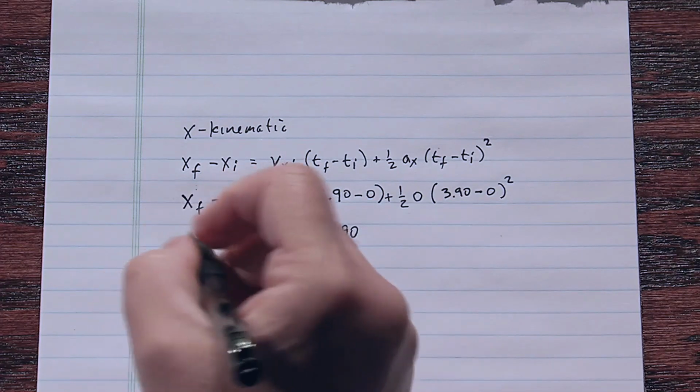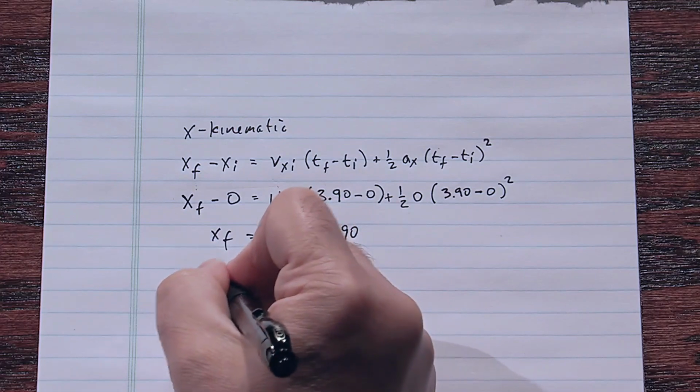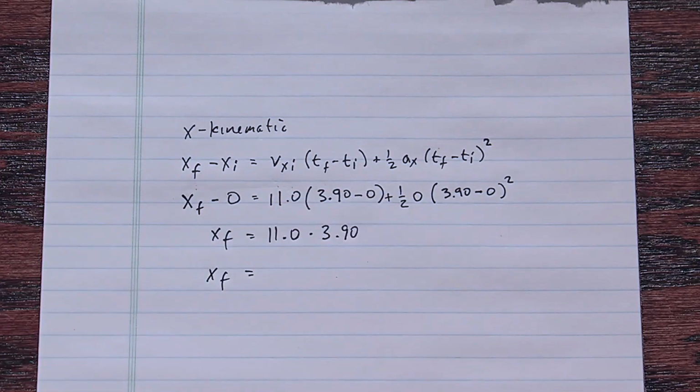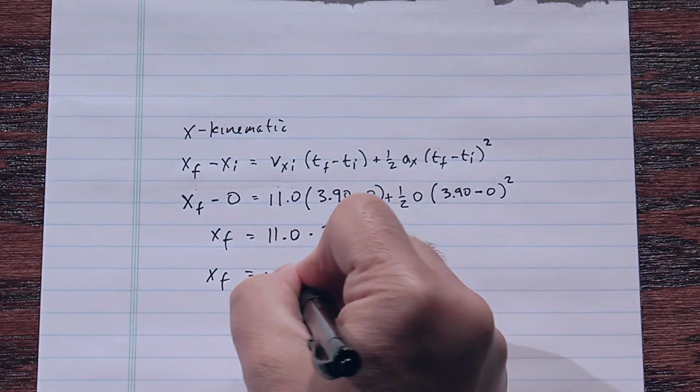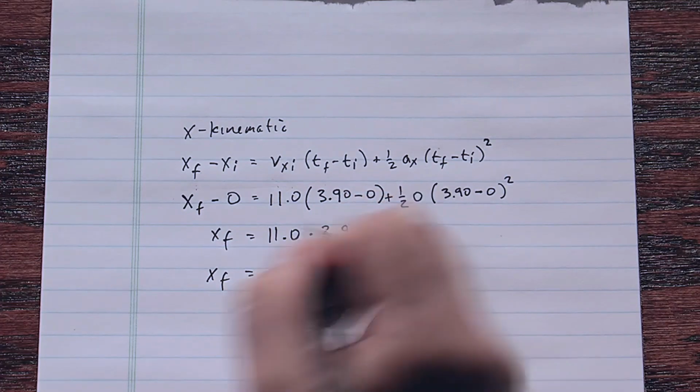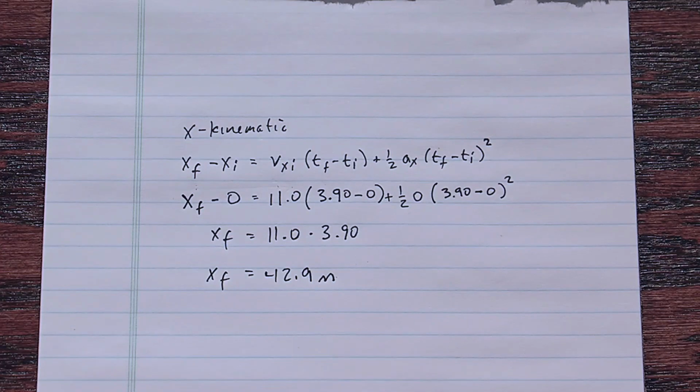It has a 0 for acceleration in it. So X final is 11 times 3.9, or 42.9 meters, since we're dealing with distance. So now we've answered the second question, how far away is the fielder from home plate when he catches the ball? The answer is 42.9 meters.